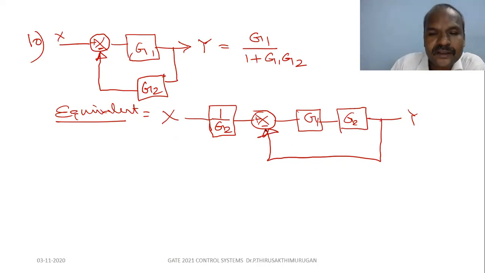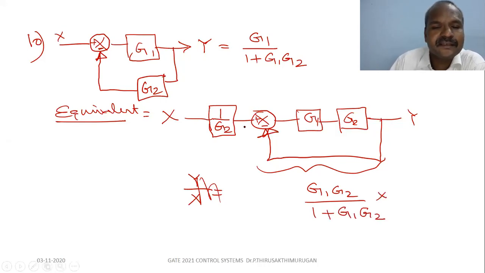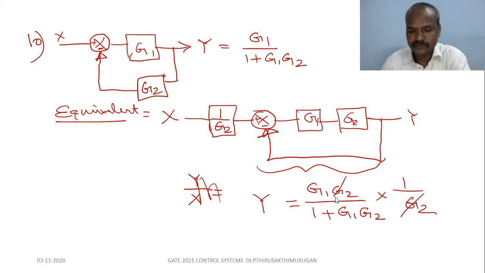So you see, what is the transfer function for this? Y by X equal to, here the forward loop transfer function is, if you reduce this, G1 G2 divided by 1 plus G1 G2. Including this gain, 1 by G2. So what happened? This G2, this G2 cancel. So we will be getting Y equal to G1 by 1 plus G1 G2. Very simple.